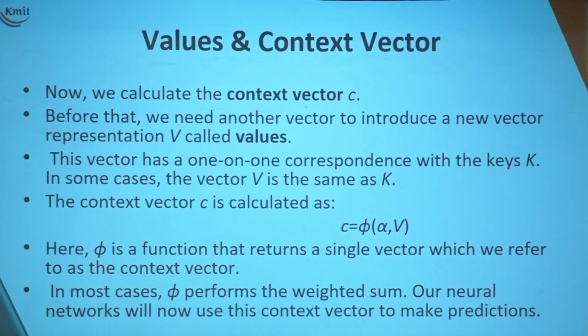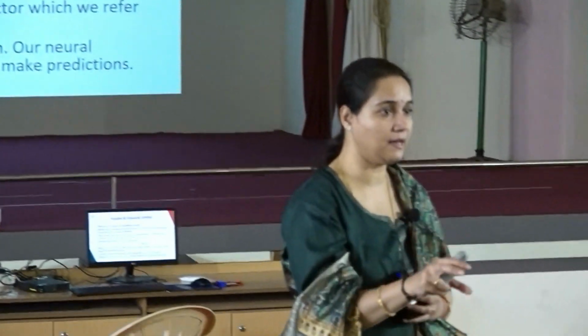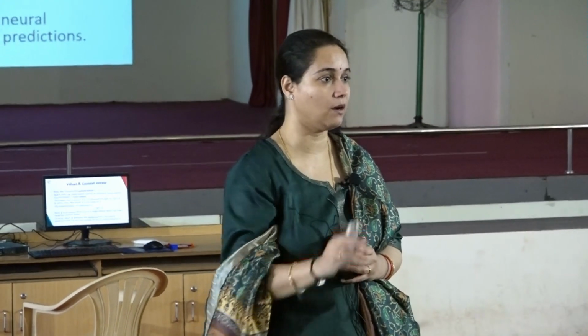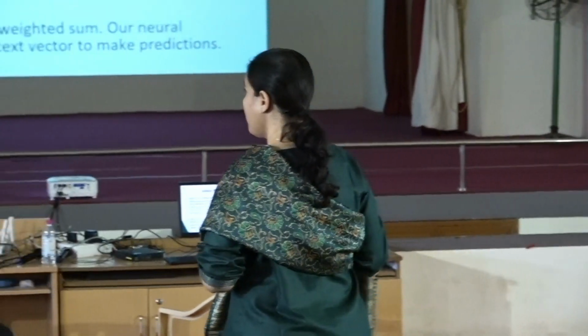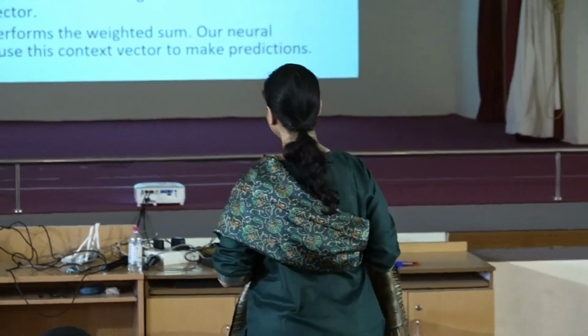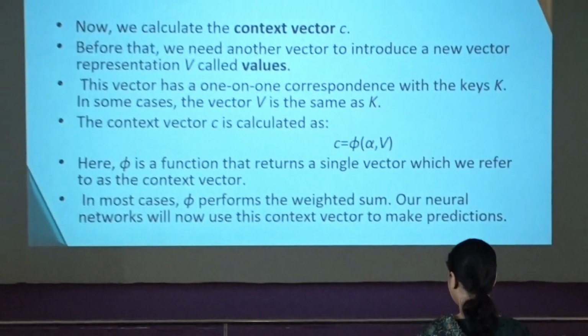It takes that distribution, applies value to it and gives you a context vector. Clear enough? That is the strategy of the encoder: taking input sequences, applying attention mechanism, getting a context vector. Are you clear, guys? After you have got the distribution of attention, you will calculate the context vector.